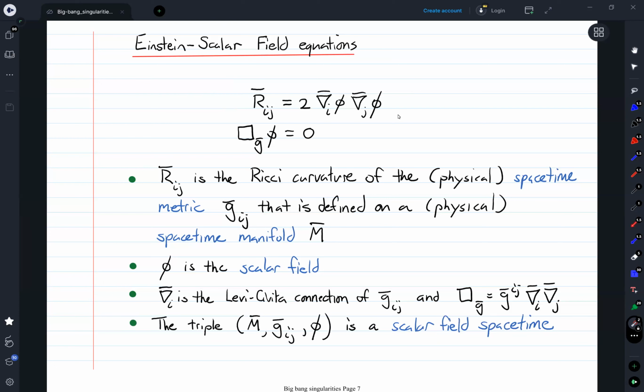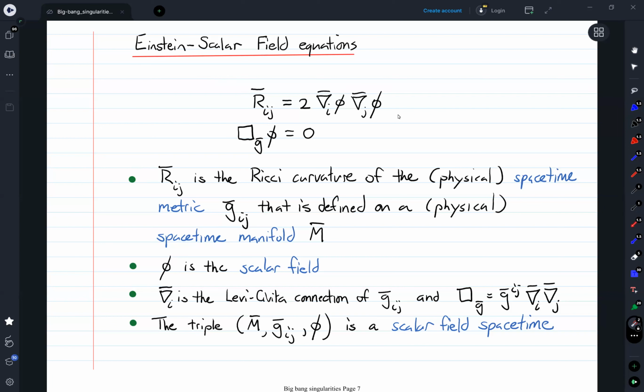So just some terminology: when I say a scalar field space-time, what I mean is a solution to these equations. To be precise, to be a solution, what I first need is a manifold where both of these fields are defined, and then on that manifold, they need to satisfy the Einstein scalar field equations.